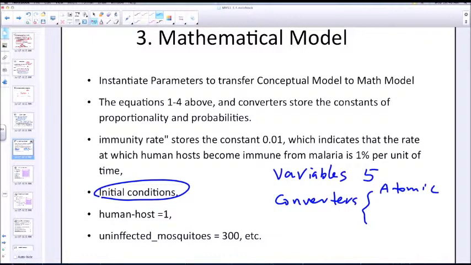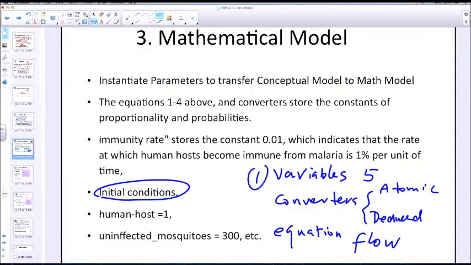And another one is deduced, which comes from another formula, calculated converters. And the third is the equations, which is the flow relationship. So to understand the Stella model, you need to understand the variables, the equations, the information flow, and the converters.